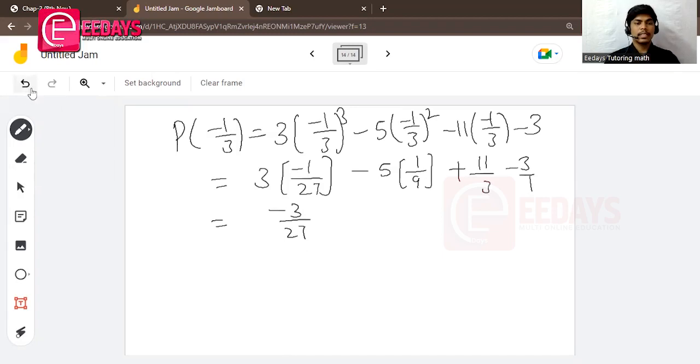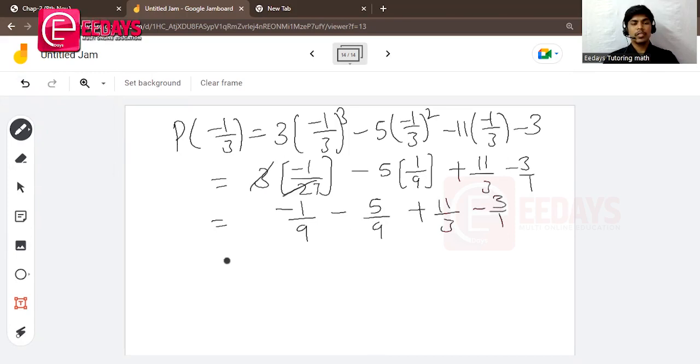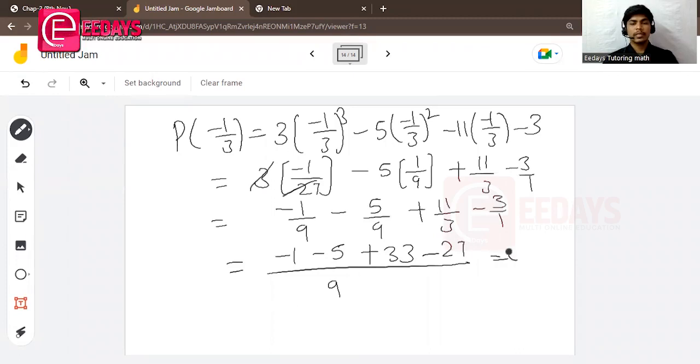So you can do the cancellation if possible. 3 times 9, so you'll get minus 1 by 9 minus 5 by 9 plus 11 by 3 minus 3 by 1. So if you take 9 as the LCM here, minus 1 minus 5 plus 11, 3s are 33, and minus 9, 3s are 27. Okay, the numerator.